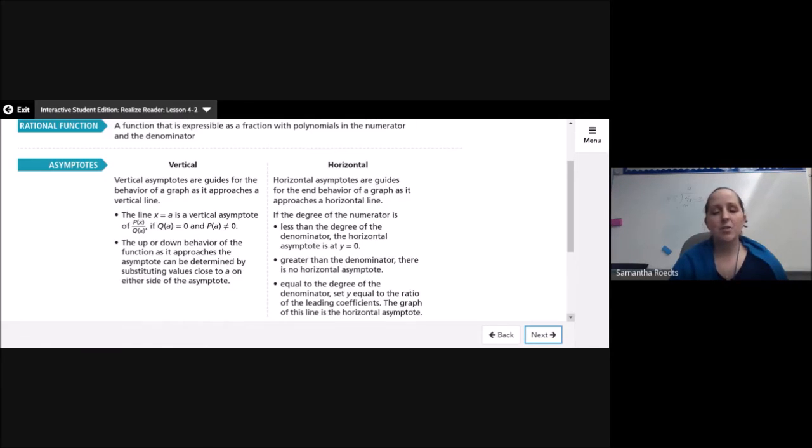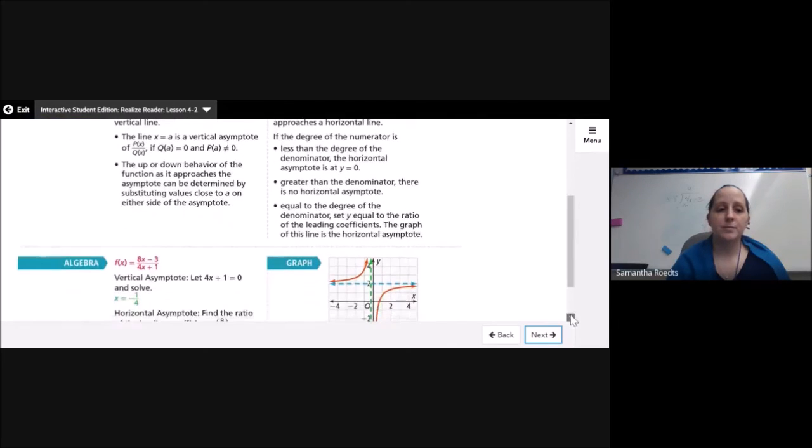Horizontal asymptotes are guides for the end behavior of a graph as it approaches a horizontal line. If the degree of the numerator is less than the degree of the denominator, so if I have x over x squared, it has a horizontal asymptote at y equals 0. If it's x squared over x, so greater numerator, there are no horizontal asymptotes, and if they're the same, you divide to find the horizontal asymptote.